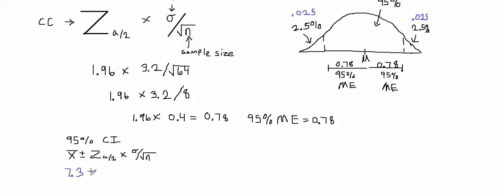What I do now is I take my sample mean and I add and subtract the 95% margin of error, which we've already calculated, and it came out to 0.78. We already know that this whole thing right here comes out to 0.78.